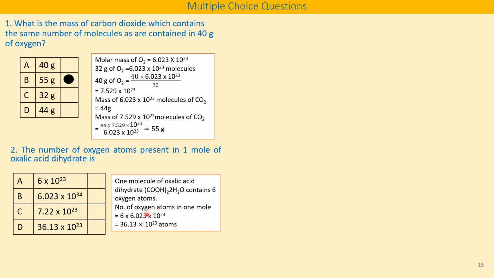Number of oxygen atoms in 1 mole is 6 into 6.023 into 10 to the power of 23. That is equal to 36.138 into 10 to the power of 23 atoms. This is given as option D. Please mark it. Next question.